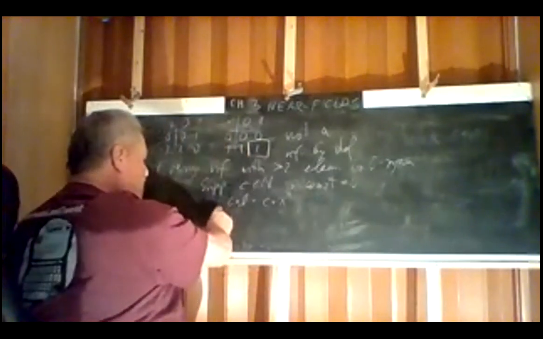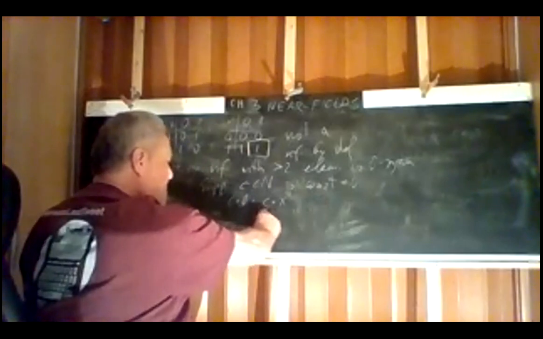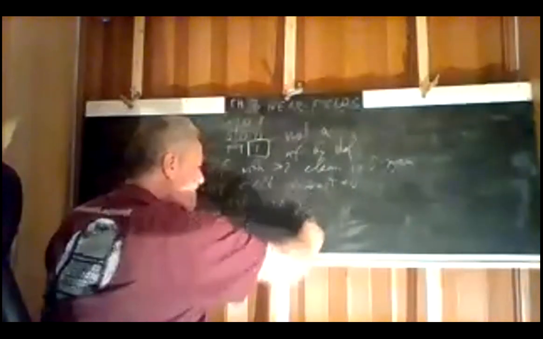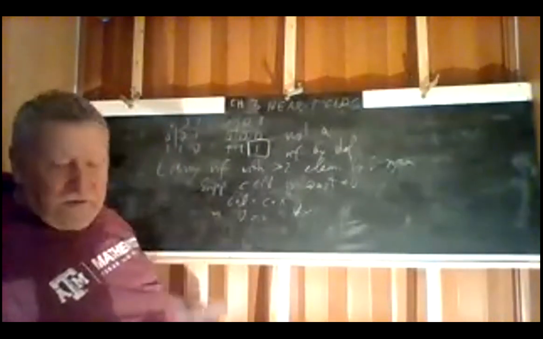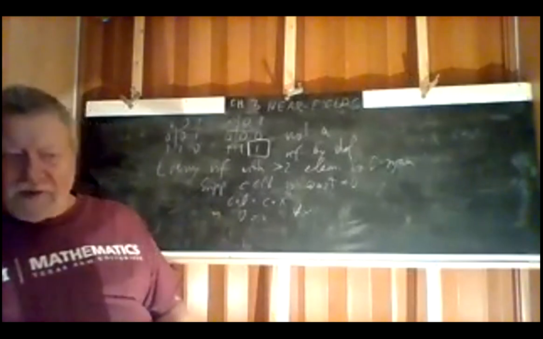And so we would have 0 is equal to x for all x. And this means that the near field only has two elements.